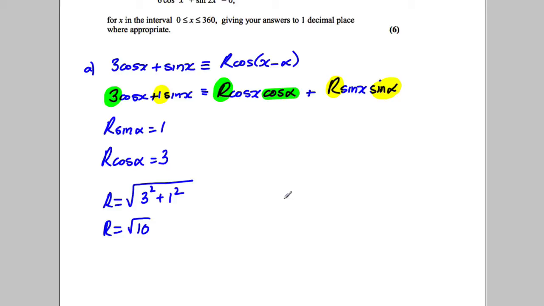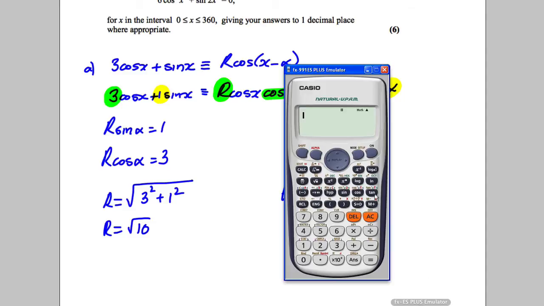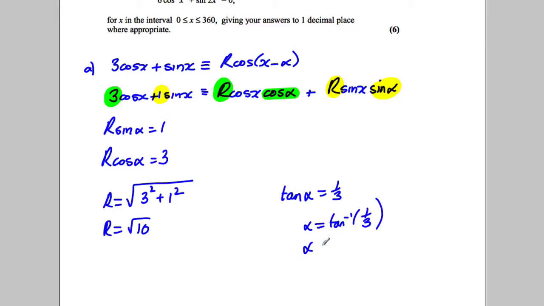And if we divide these equations, we would get that tan alpha is a third. So alpha is the inverse tan of a third. Calculator out, inverse tan, 1/3. 18.4 degrees. Okay, so alpha is 18.4 degrees. Don't forget to actually write your thing out fully at the end.